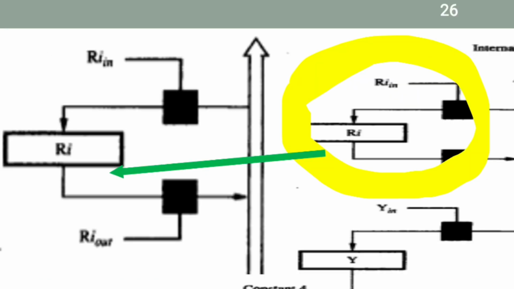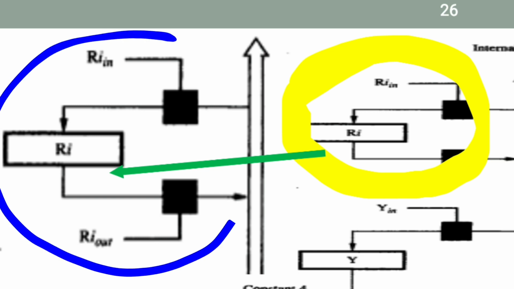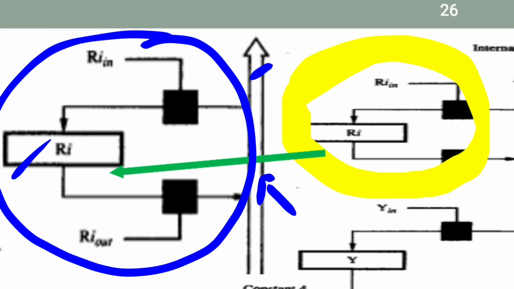Similarly, for registers also, control signals are needed to put data into the register and to take data out from the register. Concentrating only on general purpose registers, this is Ri, which may be R0, R1, R2 till Rn minus 1. This is the internal bus. While putting data into the register, the processor puts the data onto the internal bus. Then the Rin control signal is given. Hence, from the processor bus, the data is saved into the register.